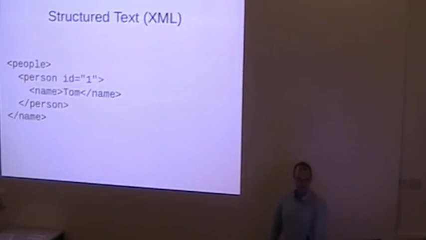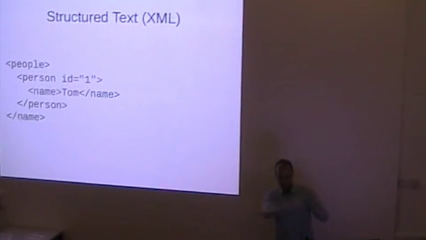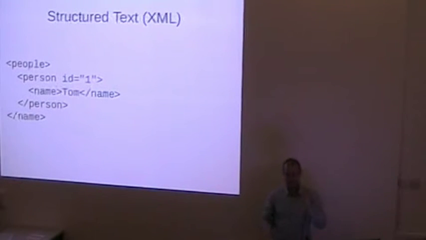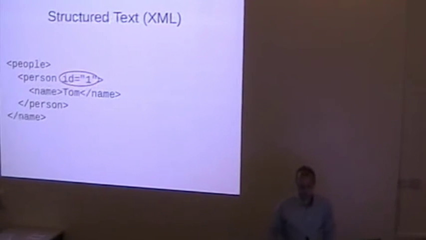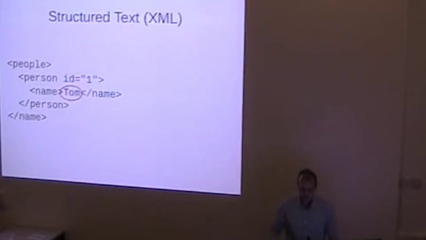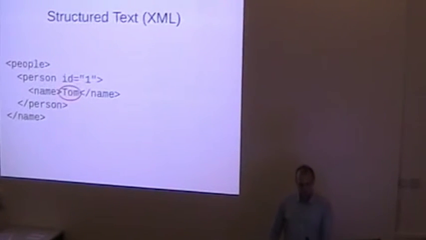Another thing we encounter is structured text. So we've got this linear file, we've got lines within a text file, but we can also have special characters that delimit some sort of structure to the data. So XML, for example, has elements separated with angle brackets. It has attributes, and it has plain text within those elements.